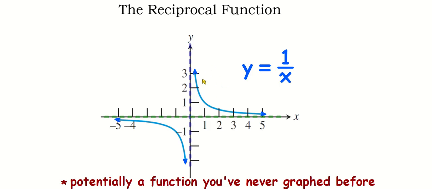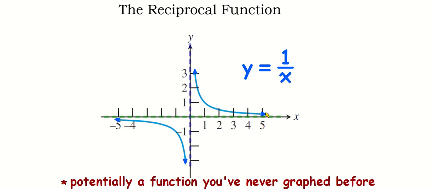What kind of output are you getting? And furthermore, can you actually plug in 0? No. So there is no point that would be 0 comma something, and that's why the graph behaves like this.